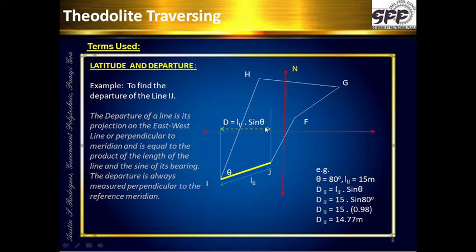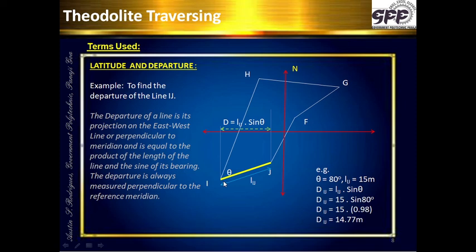Let us take an example. Theta is 80 degrees; the angle it makes with the vertical is 80 degrees. Length IJ is 15 meters. So the departure of IJ is equal to length IJ into sine theta, which is 15 meters into sine of 80 degrees. 15 into sine of 80 degrees, which is 0.98, gives a departure of IJ of 14.77 meters.